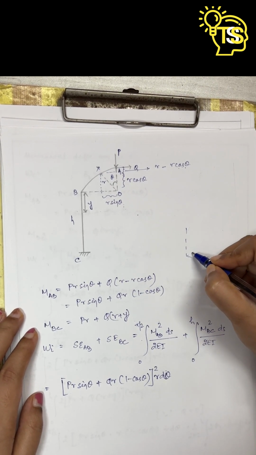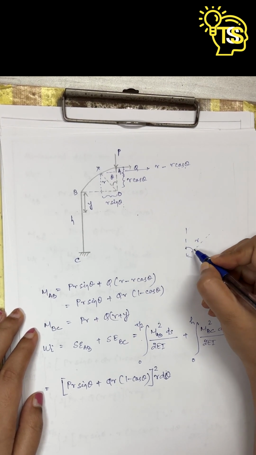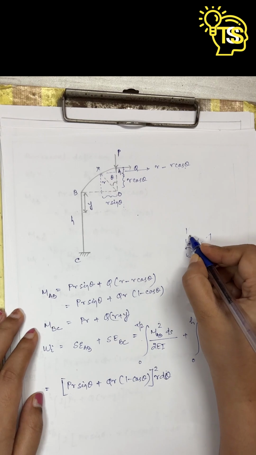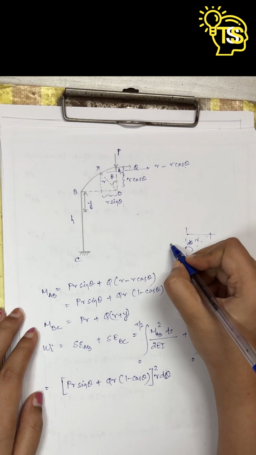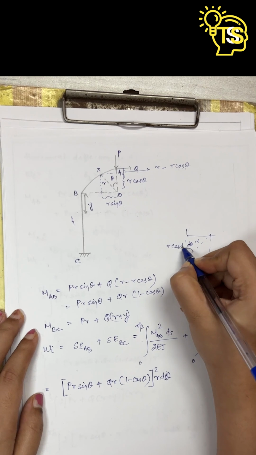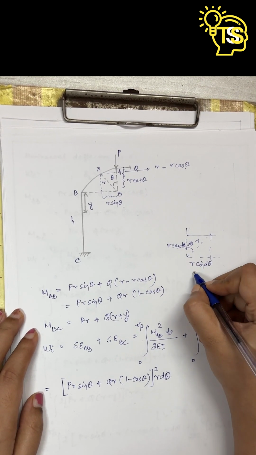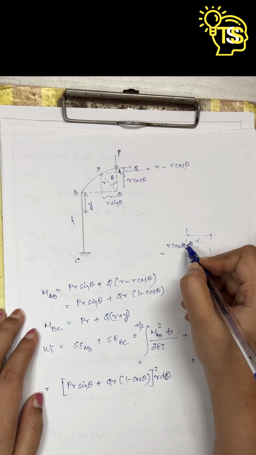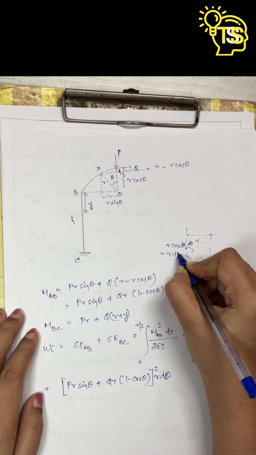because in the right angle triangle, suppose the length is d theta, here the value we will get will be r sin d theta, and here the value we will get is r cos d theta. As the value of sin d theta is very small, we can write r d theta, and the value of cos d theta is also very small, so we can write r d theta.